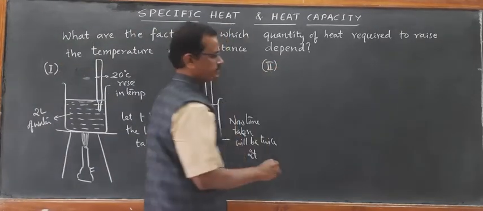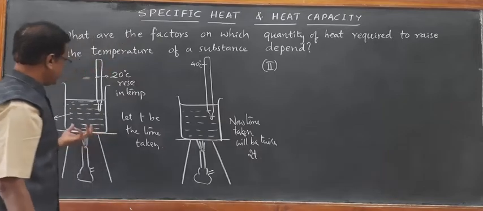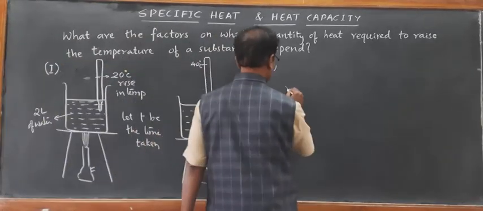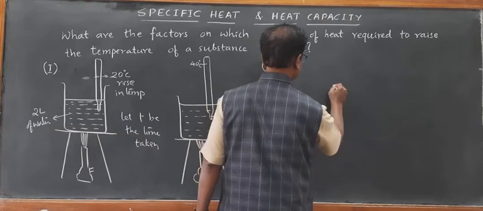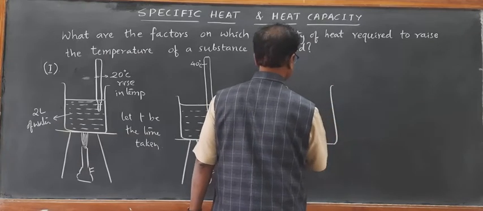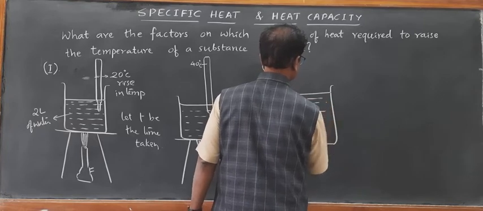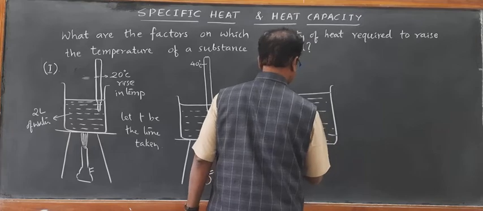In this second observation, first we heated 2 liters of water. Now you take 4 liters of water and keep it for heating.